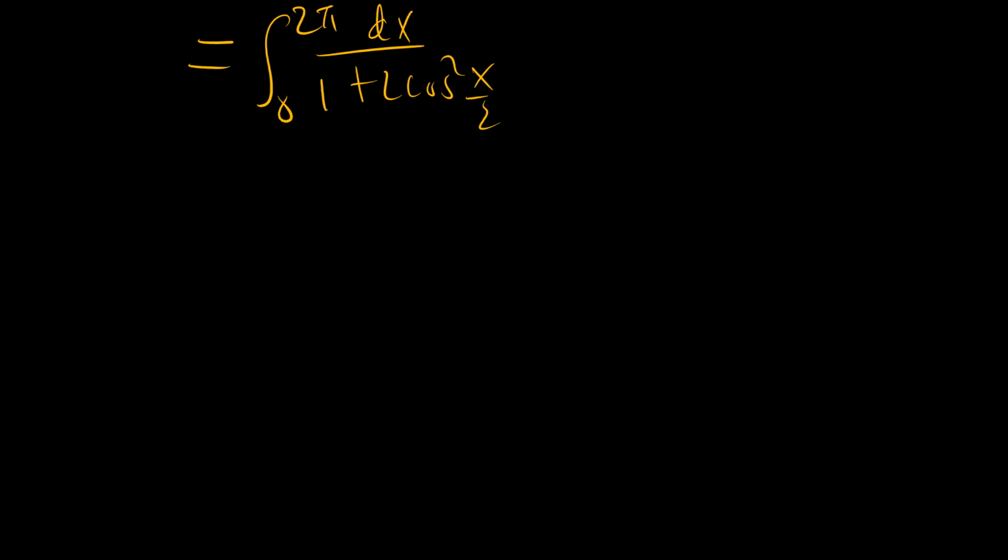We had two integrals, the integral from 0 to 2 pi of dx over 1 plus 2 cosine squared x over 2. And then we're going to call our next integral 0 to pi over 2.